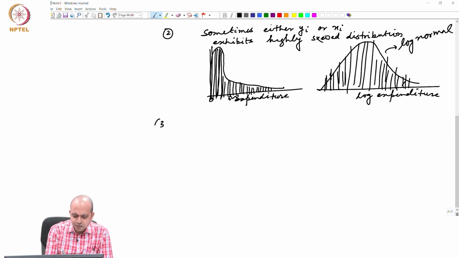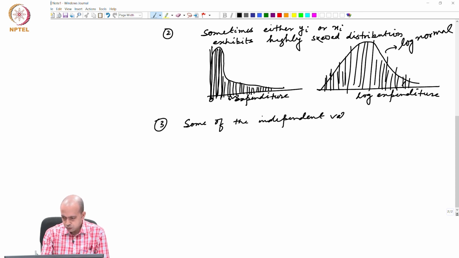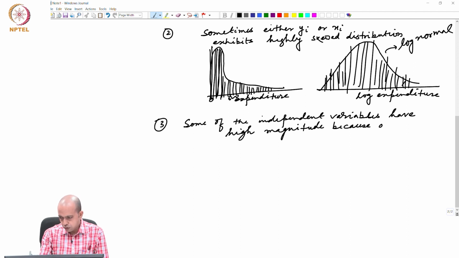There is another reason. Sometimes some of your independent variables have high magnitude because of their unit.